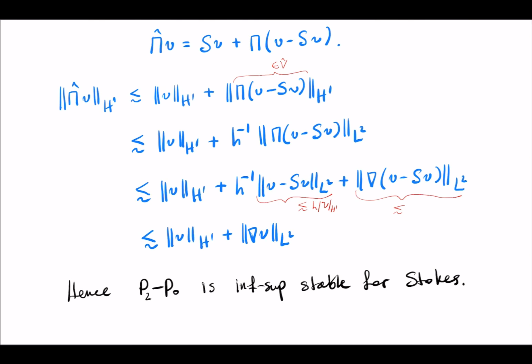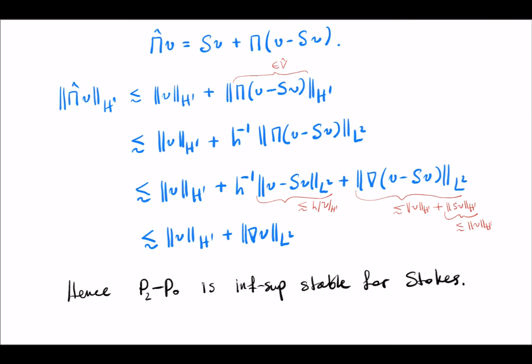So first we get the H1 norm of v plus the H1 norm of sv, and this is stable in H1.